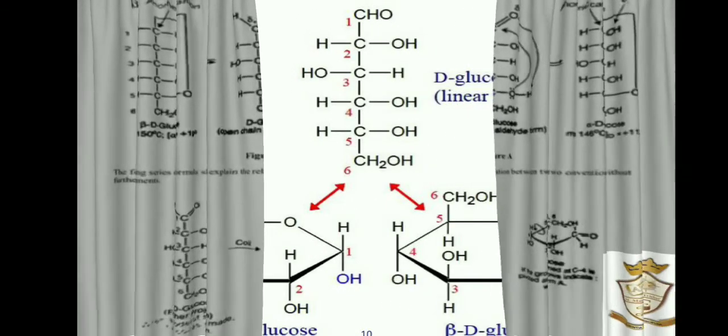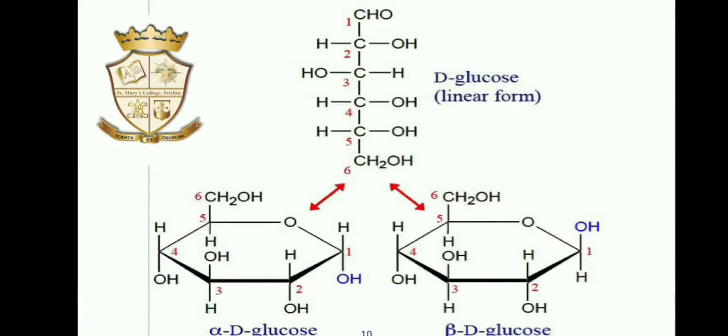Then coil it into a cyclic structure having 5 carbons and 1 oxygen. Then place the hydroxyl groups according to the rules for conversion. This is the structure of D-glucose in Fischer's projection formula and Haworth perspective formula.